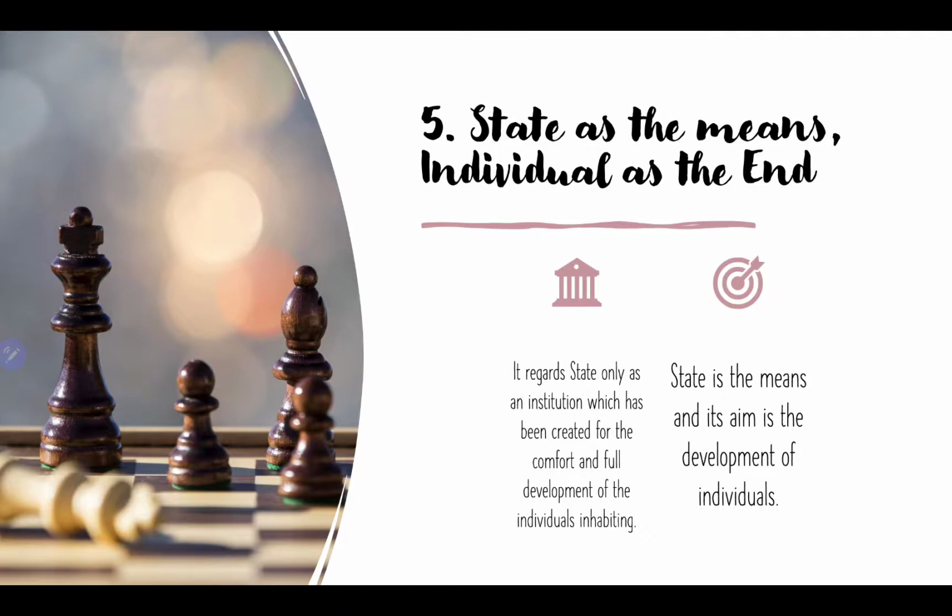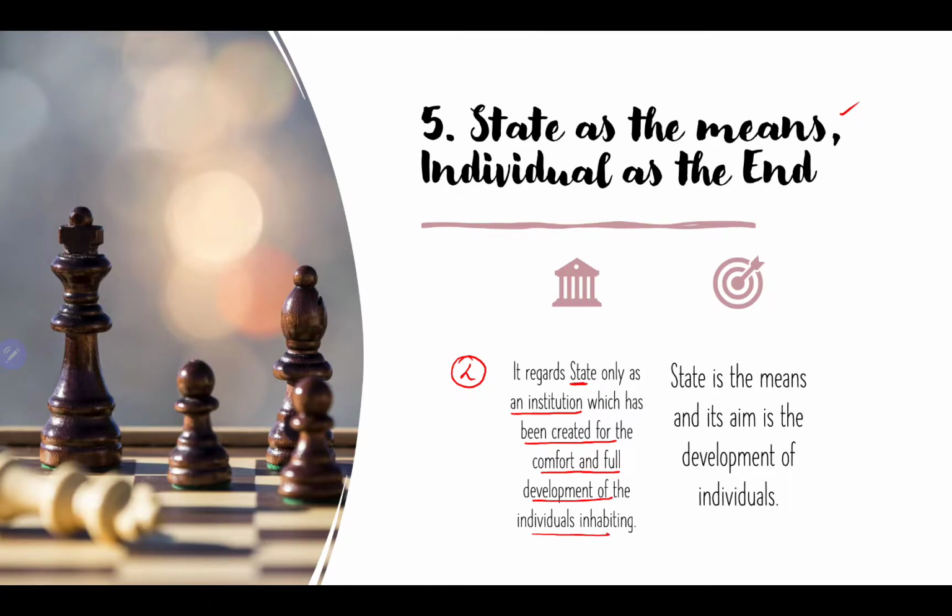The last feature that I want to discuss in this liberalism part is state as a means and individual as the end. Liberalism regards the state only as an institution, which has been created for the comfort and full development of individuals inhabiting that state.